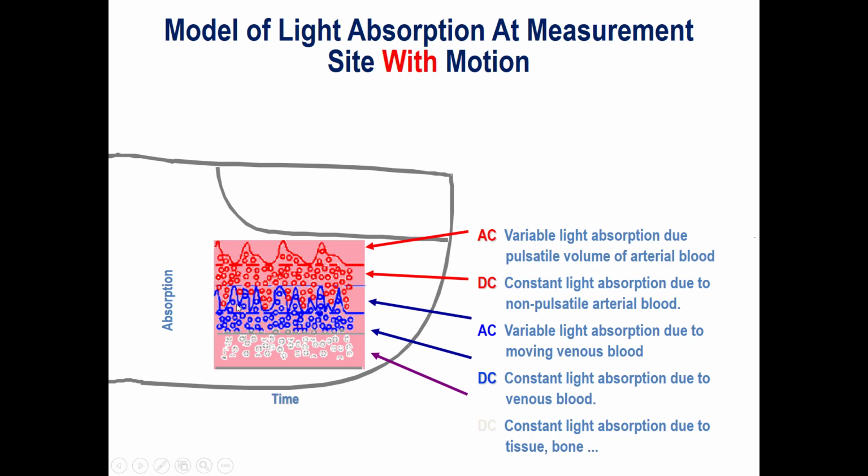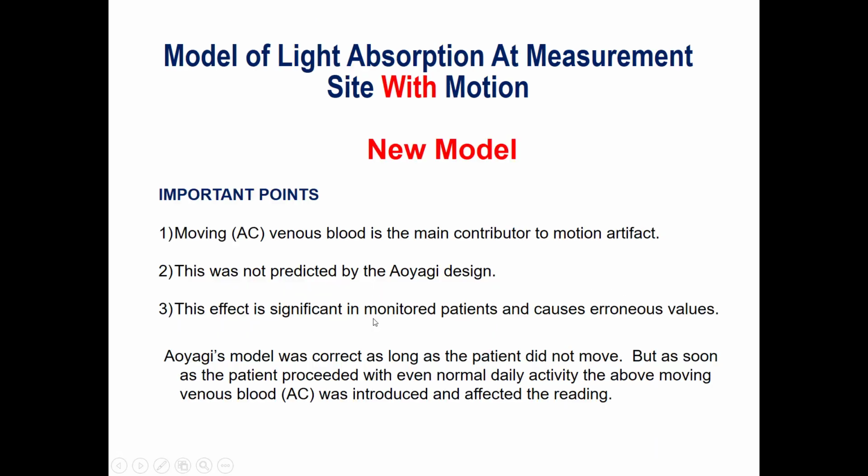It's non-periodic, or what we call aperiodic in signal processing. It doesn't have a specific wave, which can help us to eliminate it. So as we said, this problem can be solved using signal processing, and this was used in the second generation.